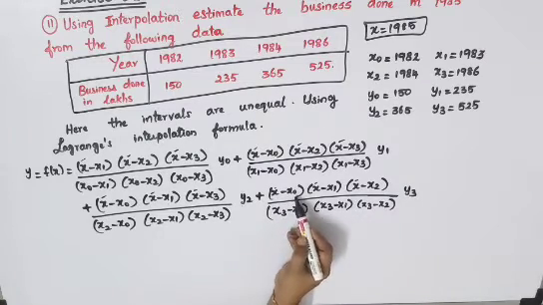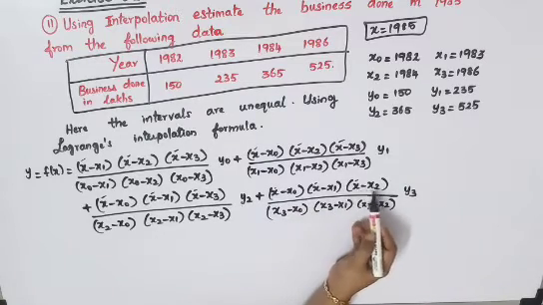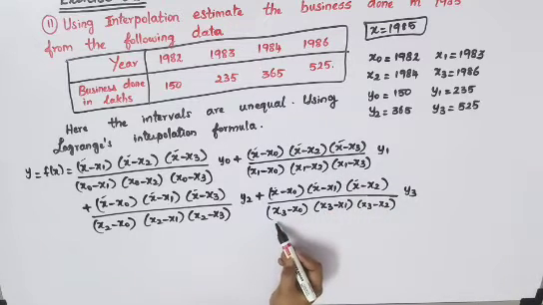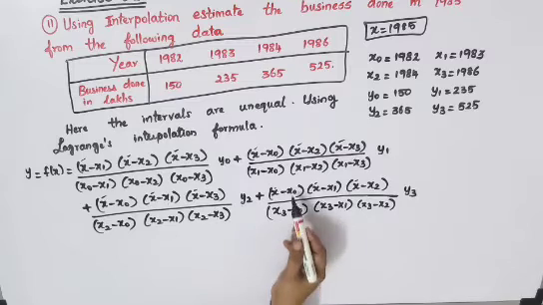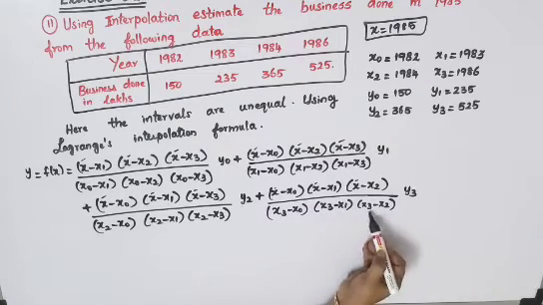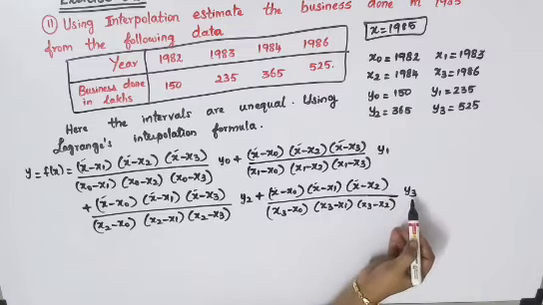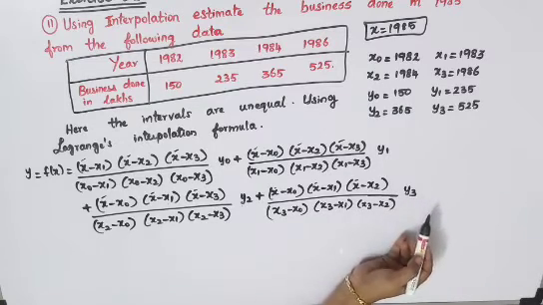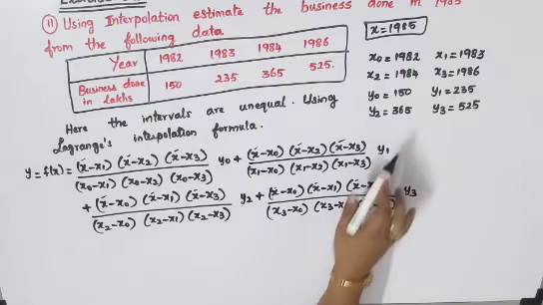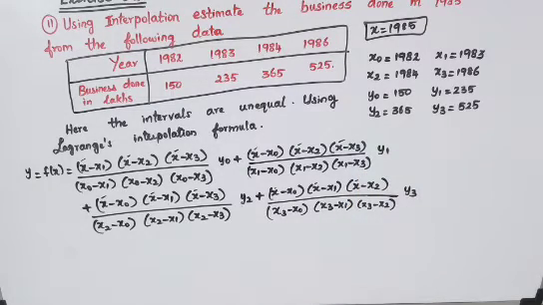So x minus x0, x minus x1, x minus x2. In the denominator, x3 minus x0, x3 minus x1, x3 minus x2 into y3. So this is your Lagrange formula. Don't memorize it by heart, just see how to write it. Once your formula is correct, go for substitution and you get your answer.